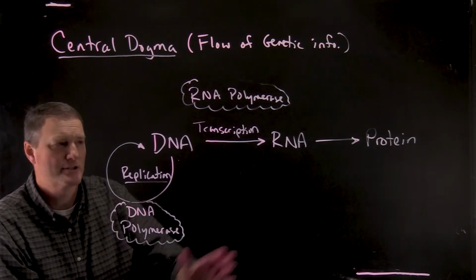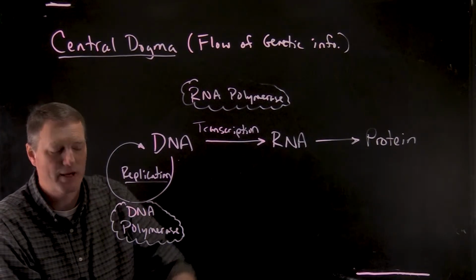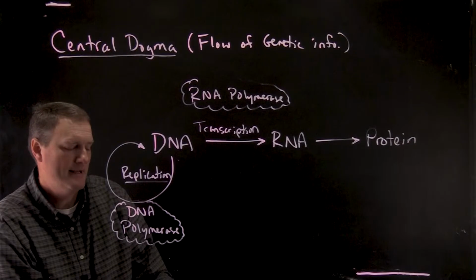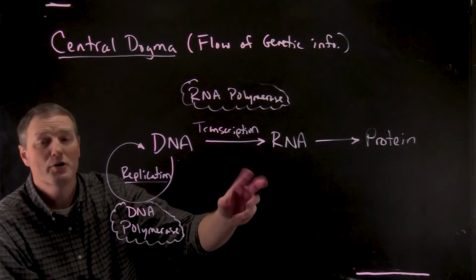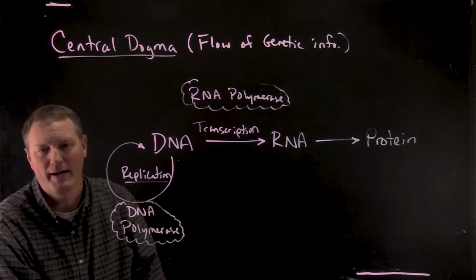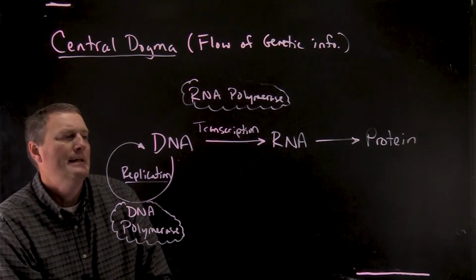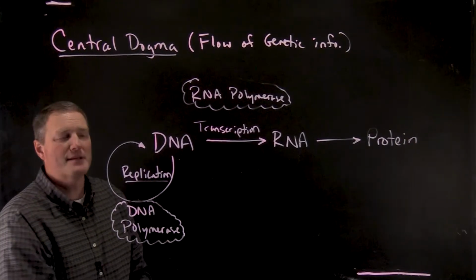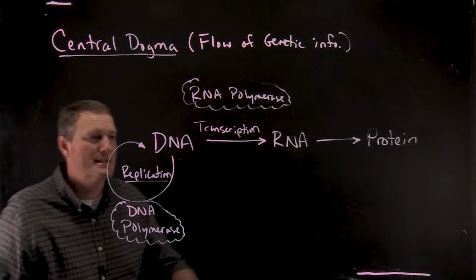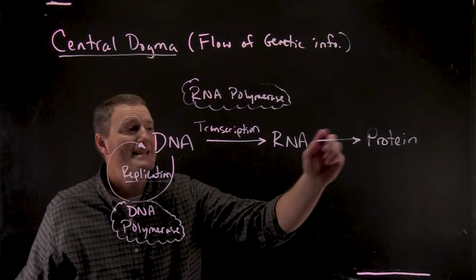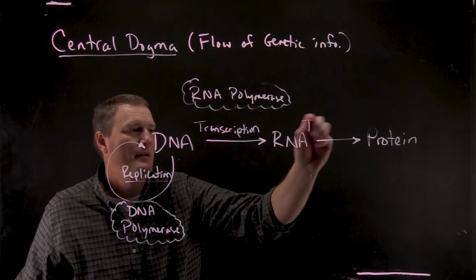We'll talk about in other sections the main types of RNA. There's transfer RNA, tRNA. There's ribosomal RNA, or rRNA. And then the most important, which is called messenger RNA, or mRNA. OK, so once we have the message of DNA transcribed into RNA, the next step is the information in RNA is going to be translated into protein.